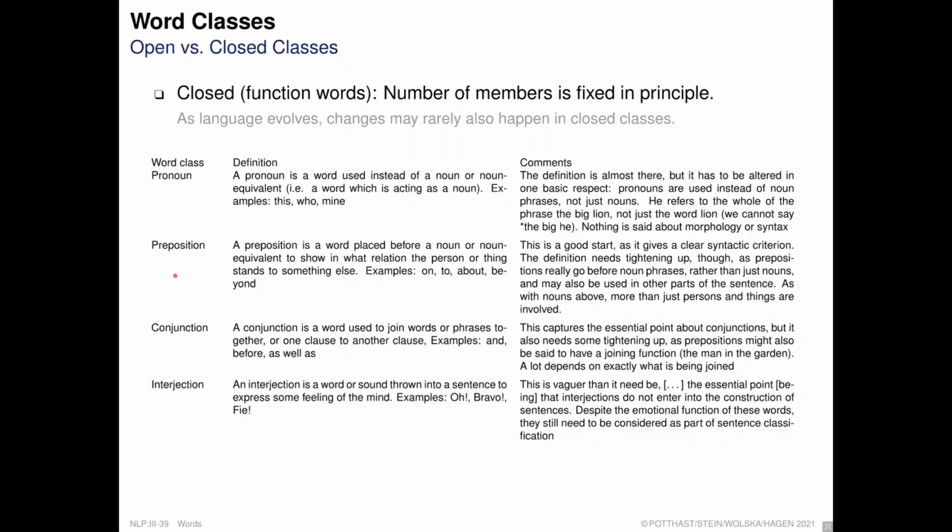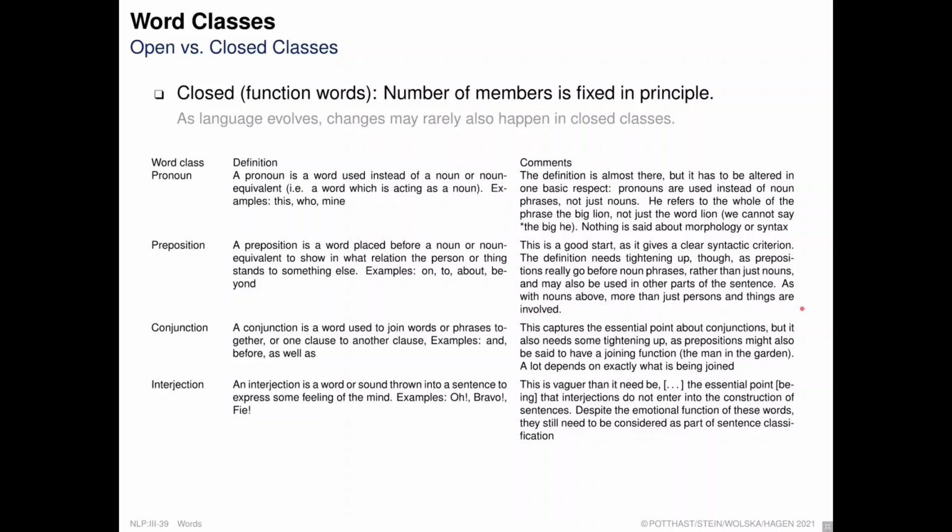Prepositions are words placed before a noun or a noun equivalent to show a relation within which this noun, this person or thing, stands to something else. Examples of prepositions are on, to, about, over, and so on. This definition is based on a syntactic criterion, pretty much.